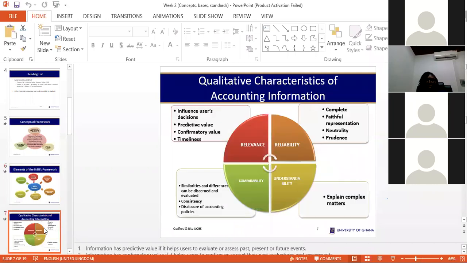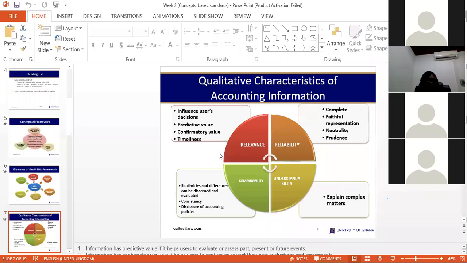So these are the 4 main qualitative characteristics that every accounting information should have. Okay, the first one is it should be very relevant. And the standards for the framework have relevance in terms of these 4 issues.